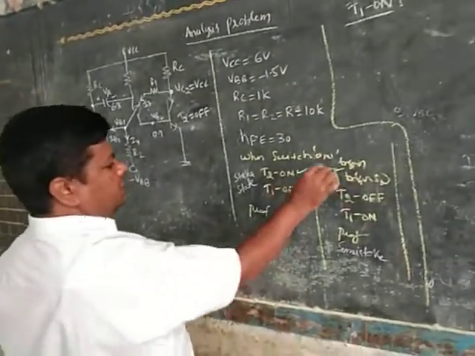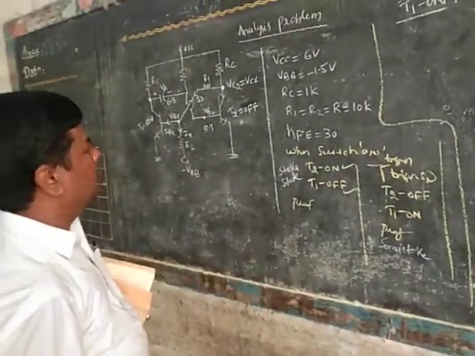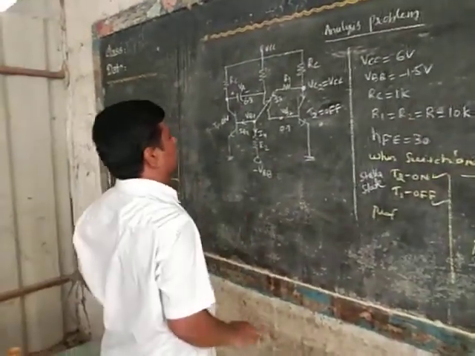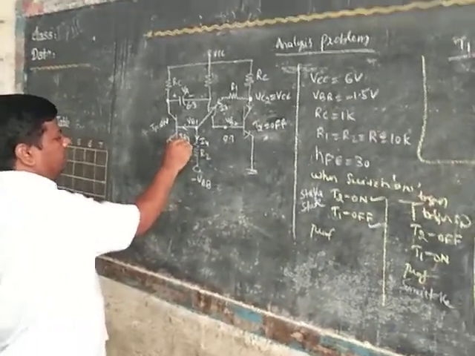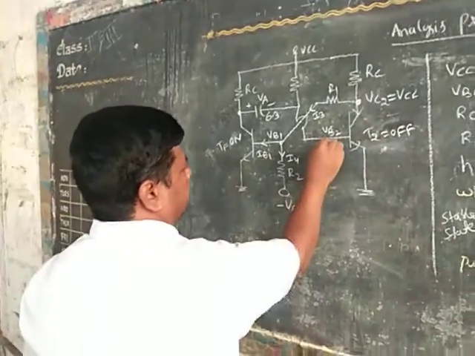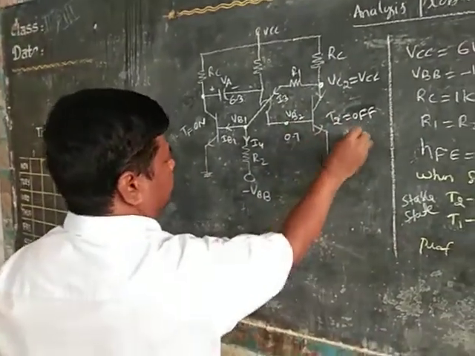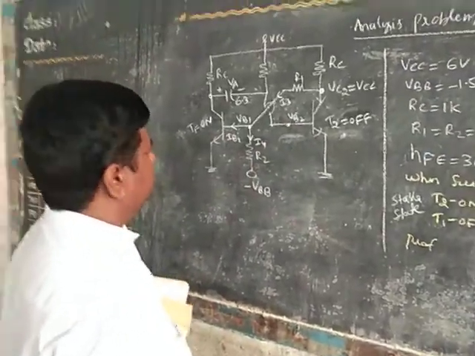After applying the triggering signal, the states are changed: T2 off, T1 on. Again you have to prove that the T1 transistor is on, that is, its base current IB1 is greater than or equal to IB1 minimum. Similarly, transistor T2 is off, its base voltage less than 0 volts.